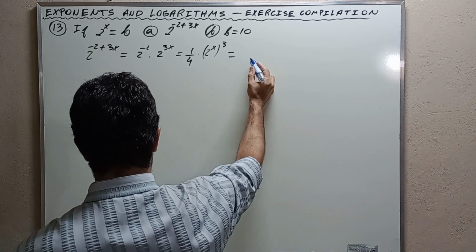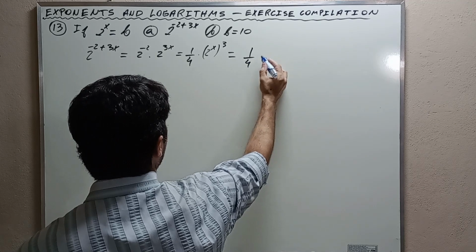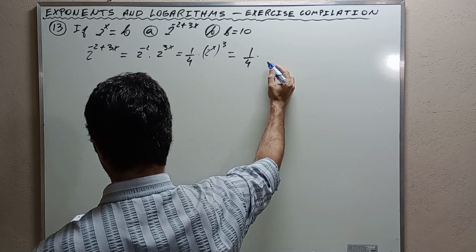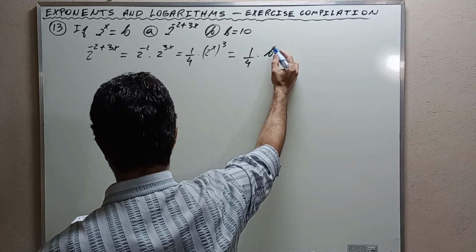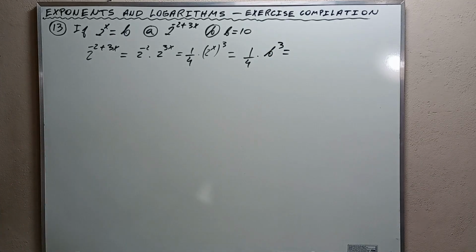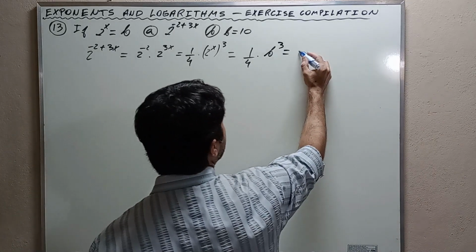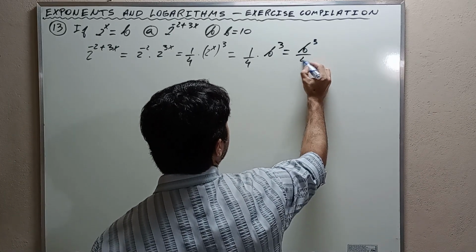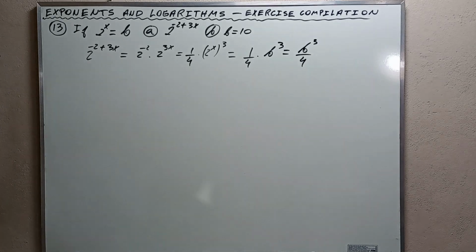It becomes a fourth of b cubed. And ultimately we find that it is b cubed divided by 4.